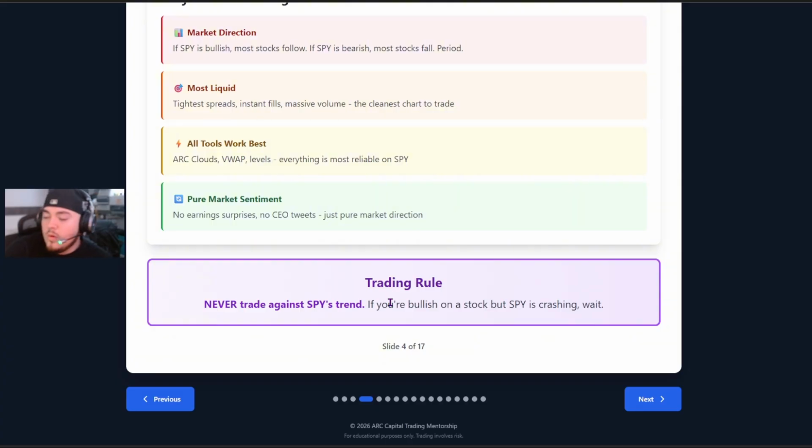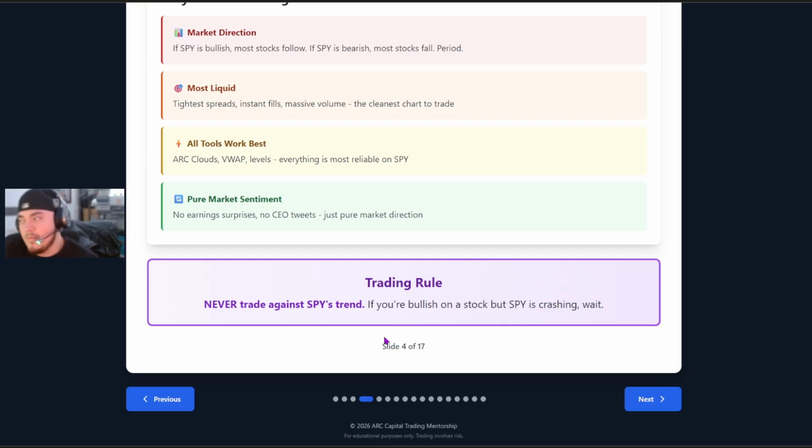So, trading rule: never trade against SPY's trend. If you're bullish on a stock but SPY is crashing, wait. It's always better to wait for them to correlate together, simply because it's a game of probability. If SPY controls the whole market, or is a sum of the whole market, and you're trading an individual stock that's doing the opposite of SPY, you're going against the overall trend, right? Which isn't highly probable.